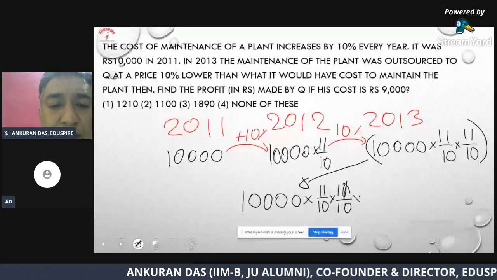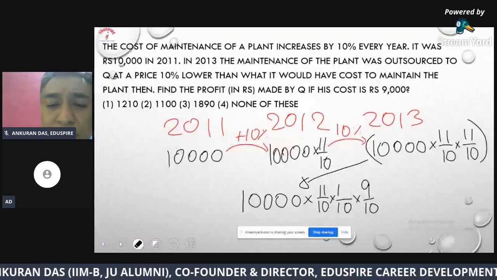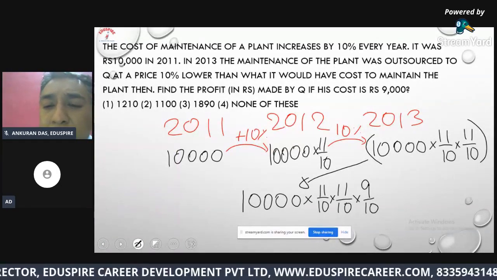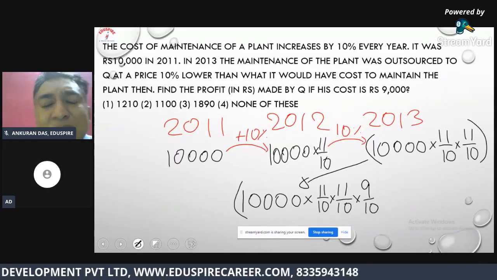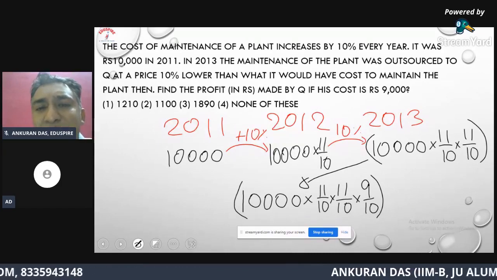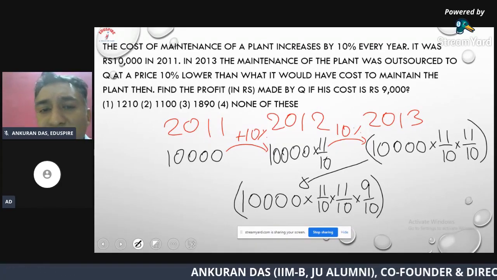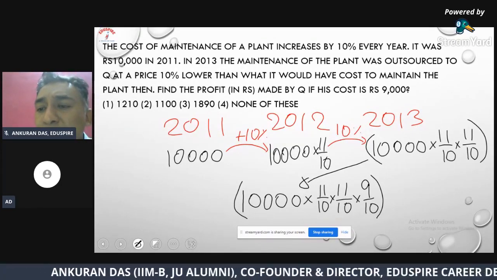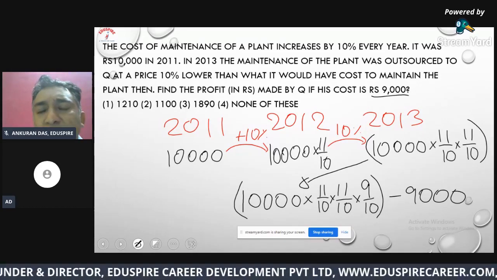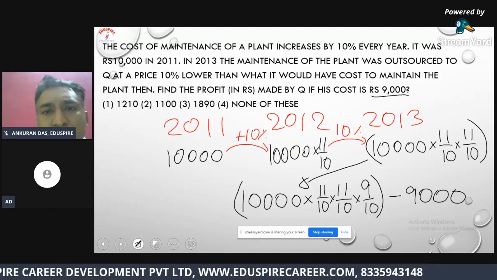So that will be 11 by 10 into 9 by 10. So this is the selling price of Q, the price at which Q sells the service. And they have said the cost of Q is 9,000. So they have asked about the absolute profit, which will be selling price minus cost price, as you know.